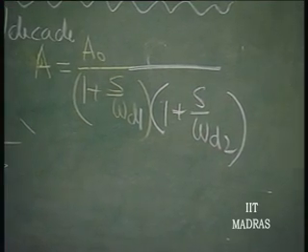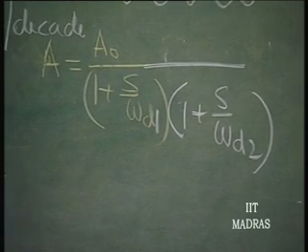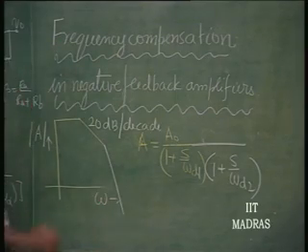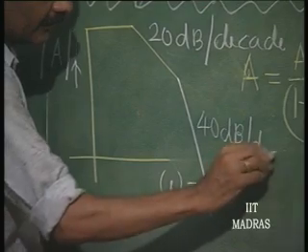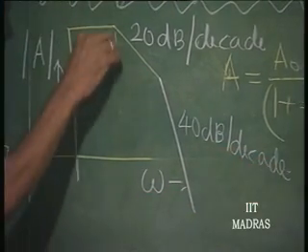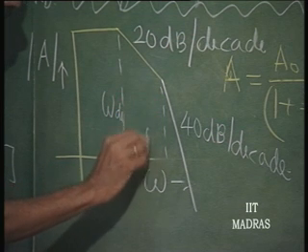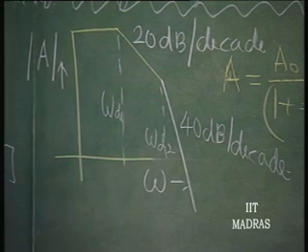What it means is that in the range of interest to us, before the gain falls to 1, we have this falling at 40 decibels per decade. This is omega d1 and this is omega d2. So, this is a two pole system.